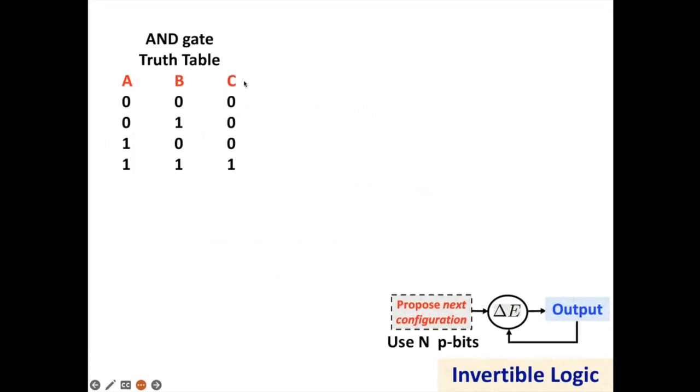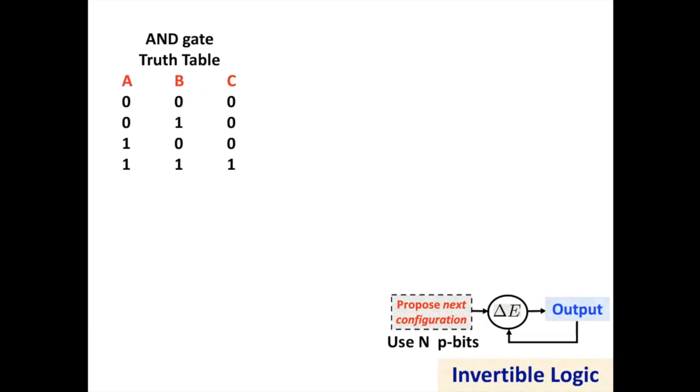So C is the output, which is the product of A and B. And if you're familiar with electronic circuits, you know how these digital circuits are usually constructed to implement an AND gate. But what I want to describe is how you could use this Boltzmann law, this whole sampling method that I mentioned, to build an AND gate. And it is very different from the way you do digital circuits, see?